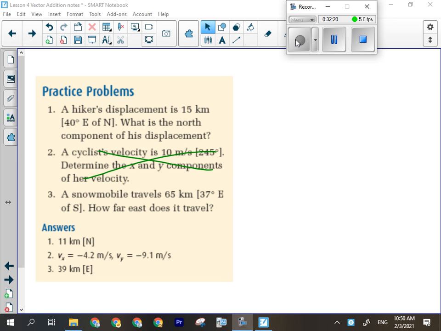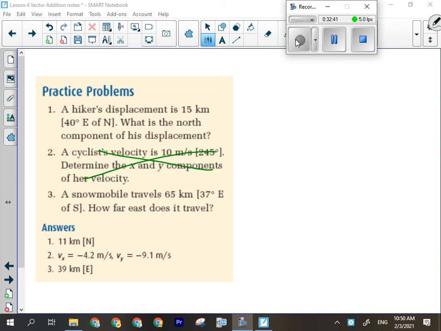So again, what's the hardest part of doing a question like this? Drawing the diagram. So in drawing the diagram, here's kind of what you want to do. They're telling us first off that it's 15 kilometers, and then they're saying it's 40 degrees east of north. So when I want to draw this vector, I know that my reference is north.